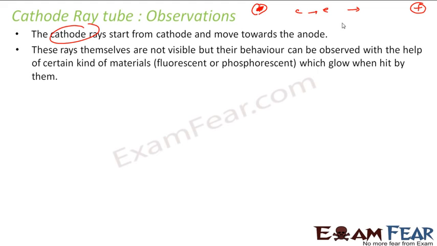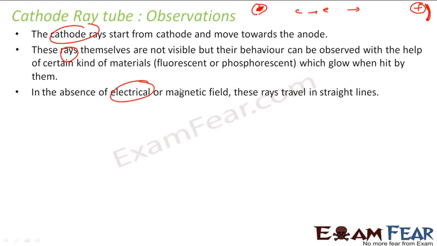The rays are not visible, but when they strike the fluorescent material, the phosphorus thing, it glows. That means the ray is not visible, but you can detect it by making sure it hits the fluorescent material. In the absence of any electric or magnetic field, they travel in straight lines. That's what he observed.